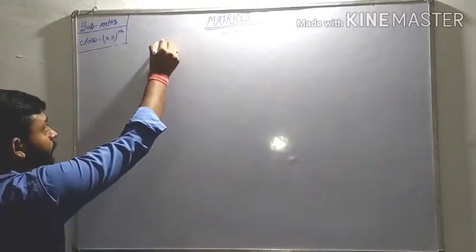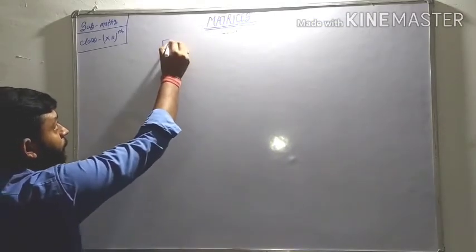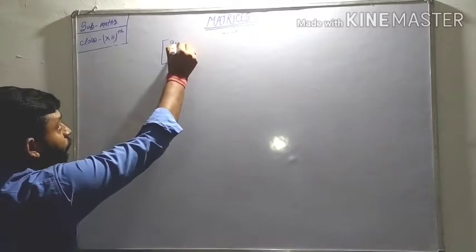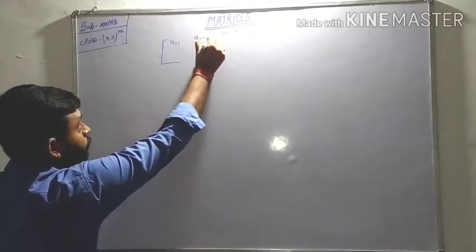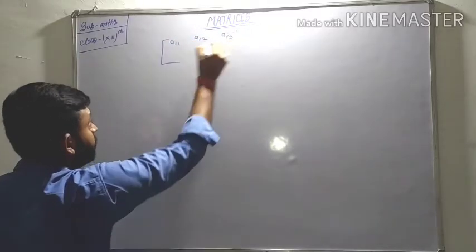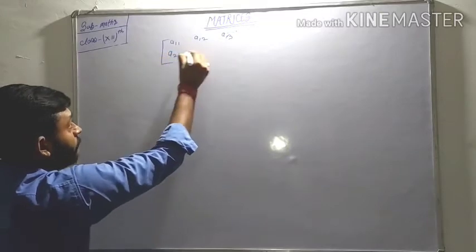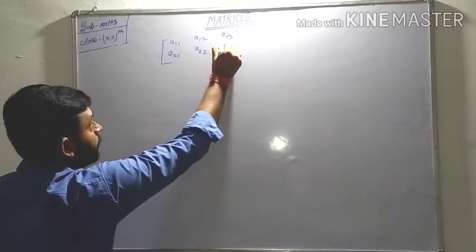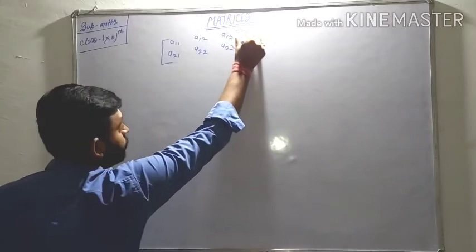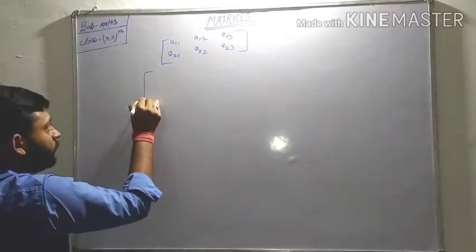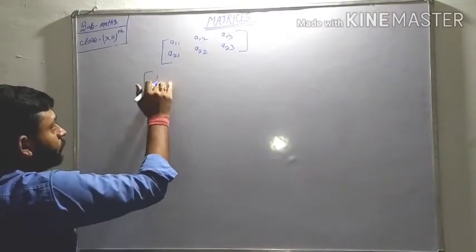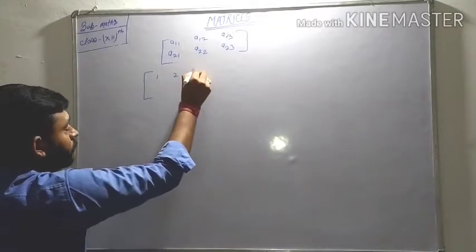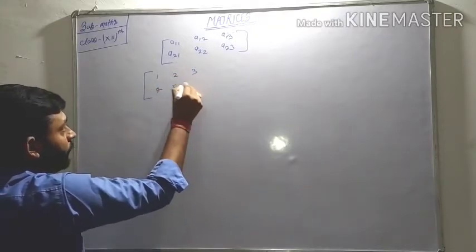Now let us suppose A11, A12, A13, A21, A22 and A23. Suppose a given matrix is 2, 3, 4, 5, 8.